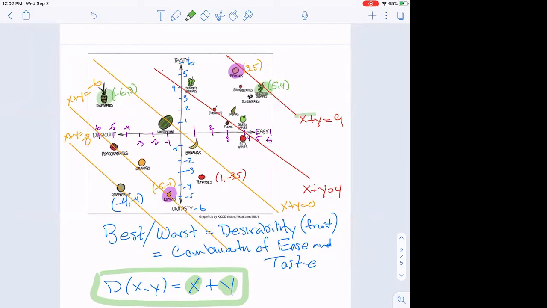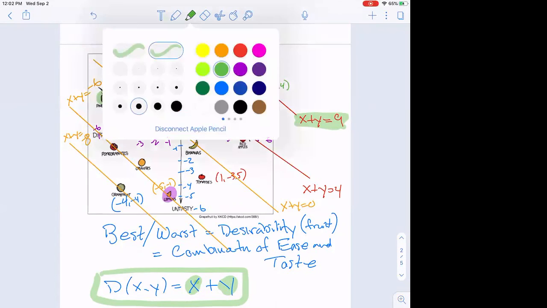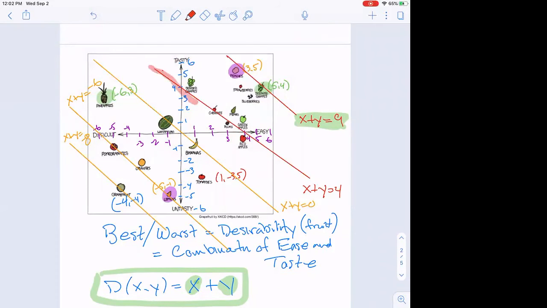Let's say x plus y equals 9. These red and orange lines that I've drawn are all of the points that are at a desirability level of 9. These in the middle here are all the points that are at a desirability level of 4. And so cherries and red apples are equally desirable.